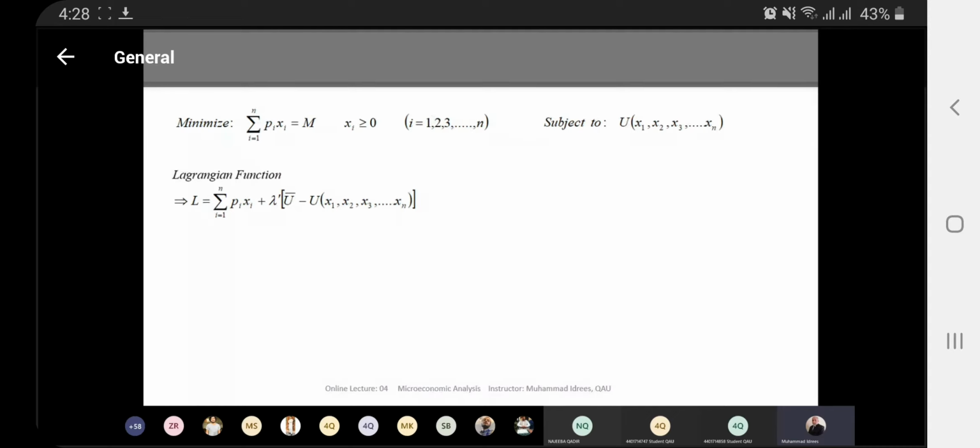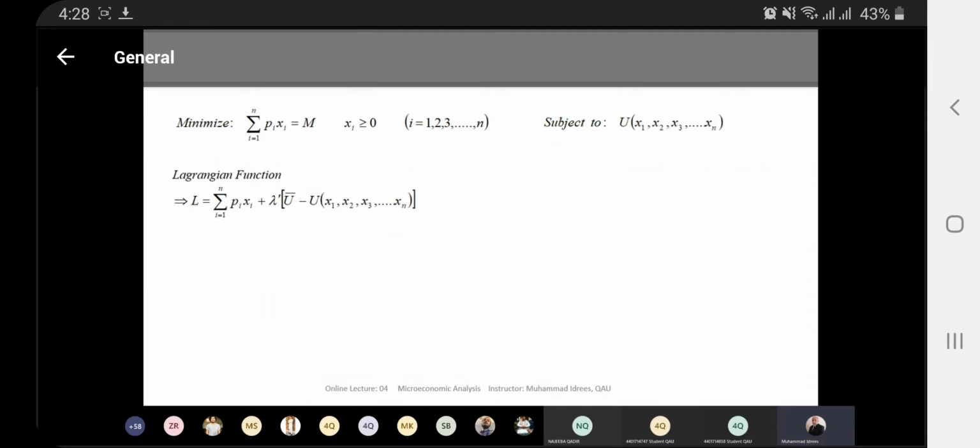If there are only two commodities, then it will be p1 x1 plus p2 x2. If there are three commodities, it will be p1 x1 plus p2 x2 plus p3 x3. So we have written it for n number of commodities. That's the objective function plus the Lagrangian multiplier lambda, and then the utility constraint. You know that the constraint is always set equal to 0.